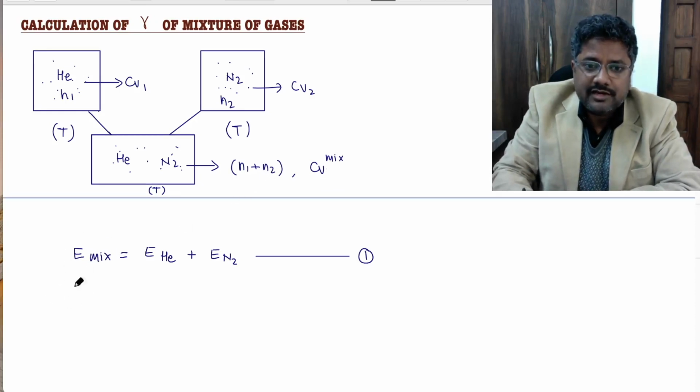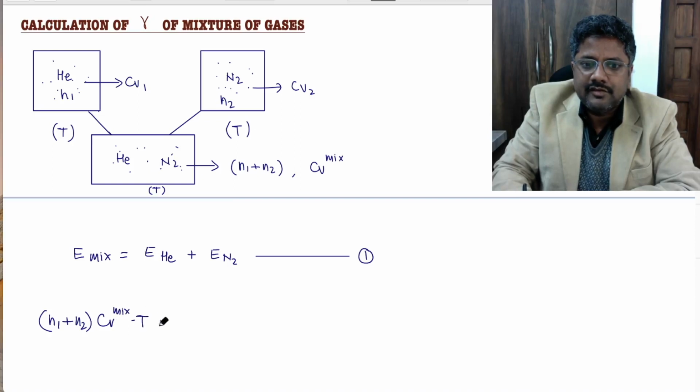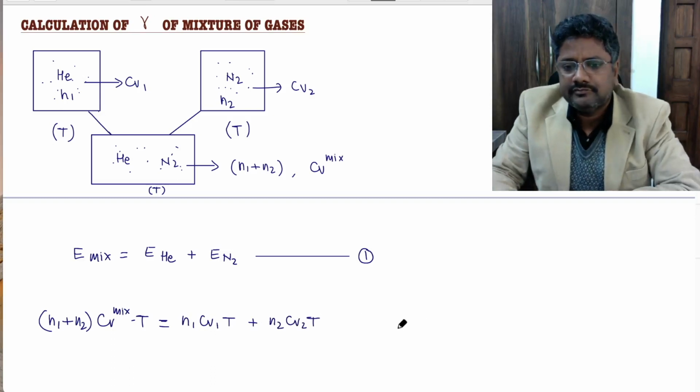Here you can write (N1 plus N2) Cv mixture into T is equal to N1 Cv1 into T plus N2 Cv2 into T. Simple. You can write this.